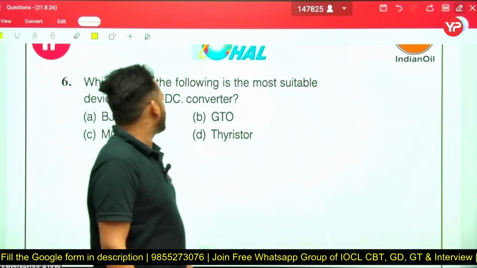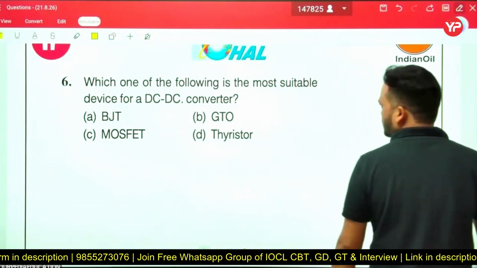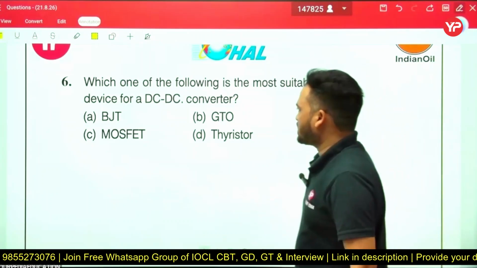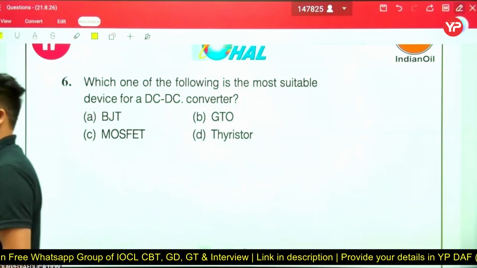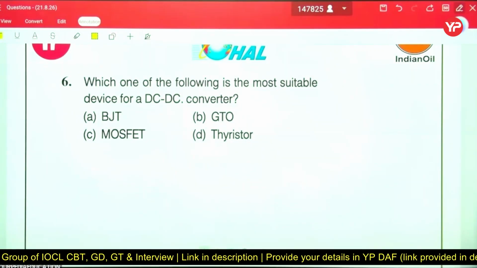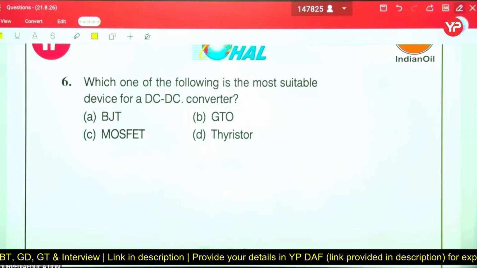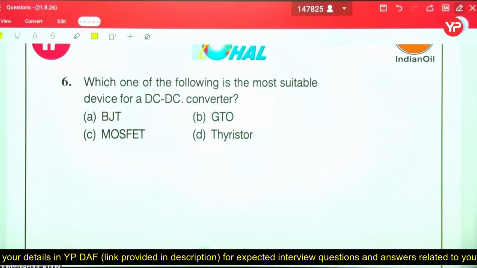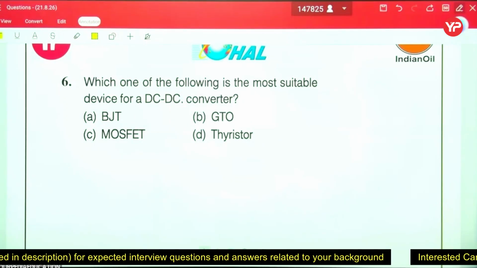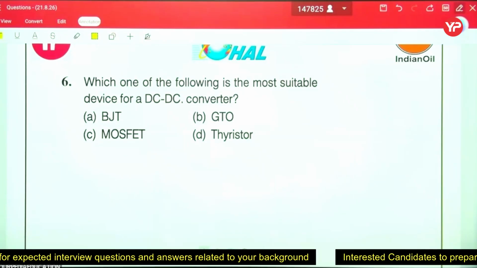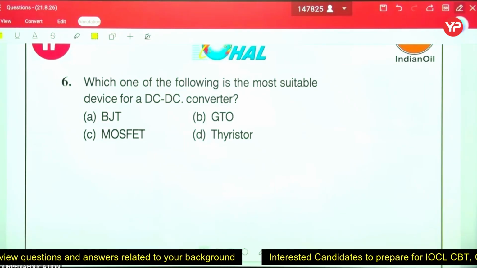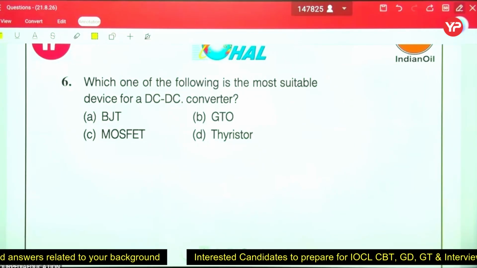Next, which one of the following is the most suitable device for a DC to DC converter? Tell me.